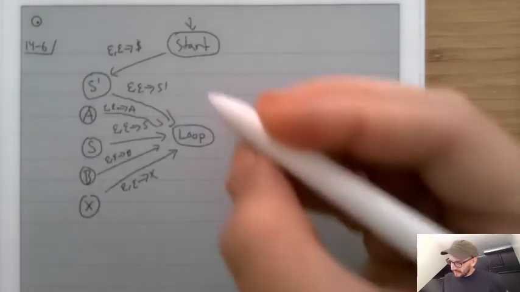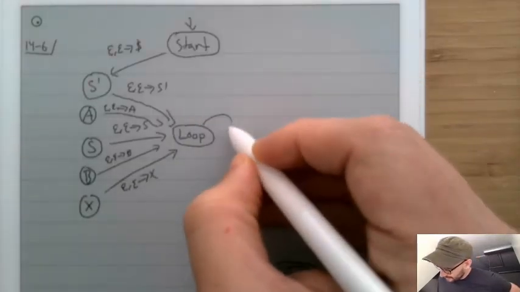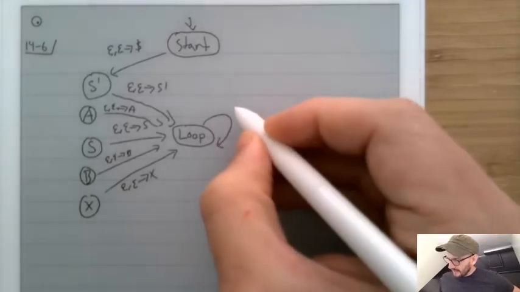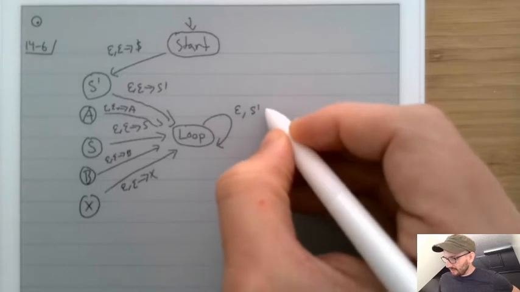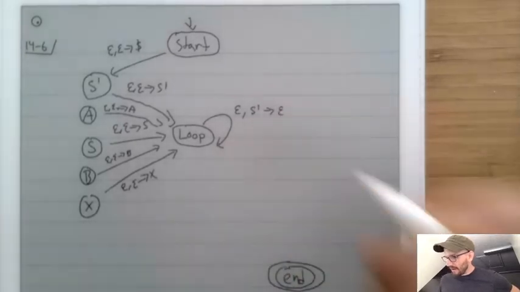What that means is that there's a rule right here that says that if we see epsilon on the input and S prime, then we can pop that off.